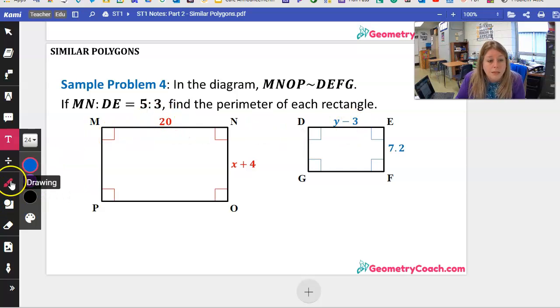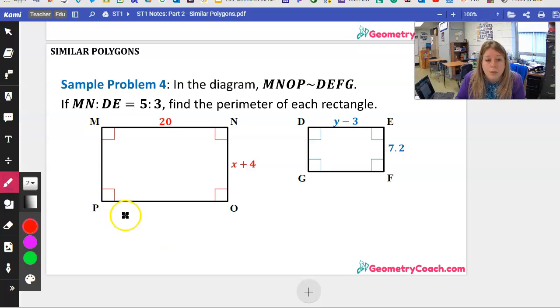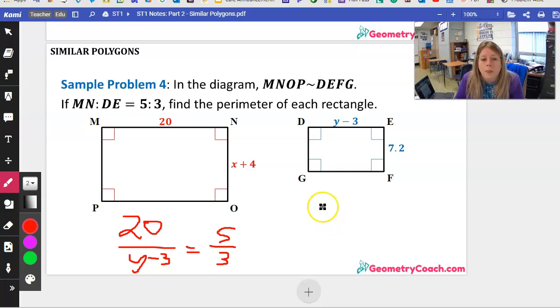Okay, so this is actually a proportion problem. Yeah, we'll do it as a proportion. So we're going to do 20 over Y minus 3 is in proportion of 5 to 3.